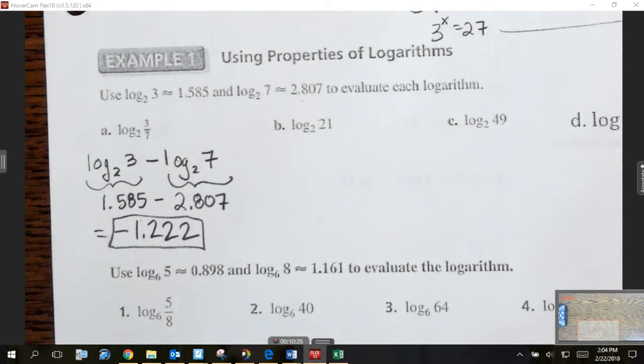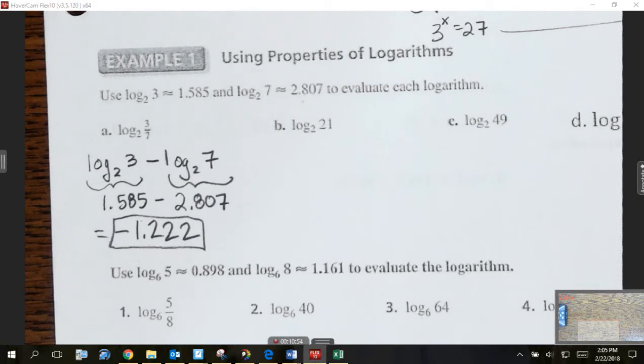Okay, next is log base 2 of 21. I'm not given the answer to log base 2 of 21, so I have to come up with 21 using the information I was given. How can I make 21 from what's given? How can I make 21 from 3 and 7?